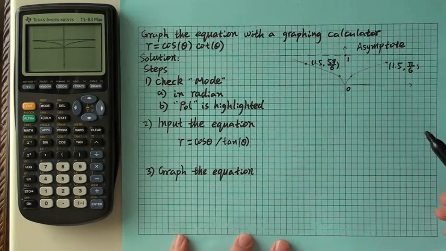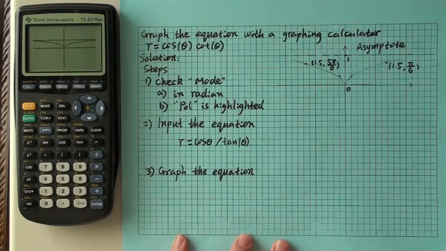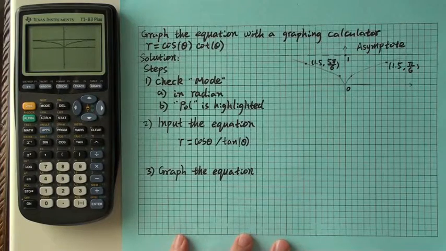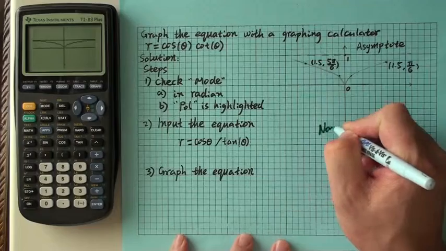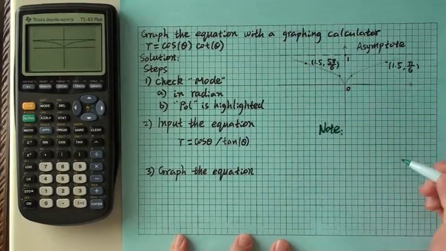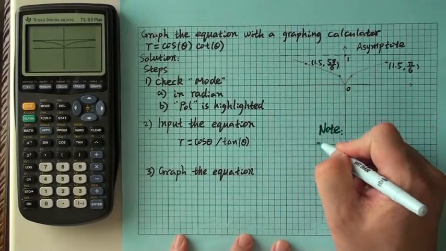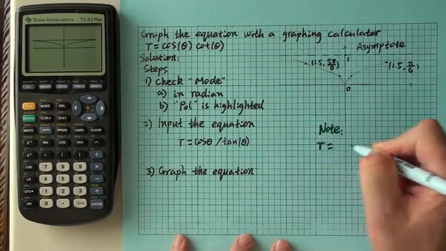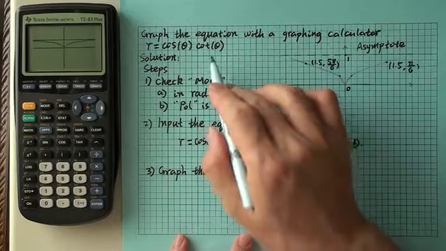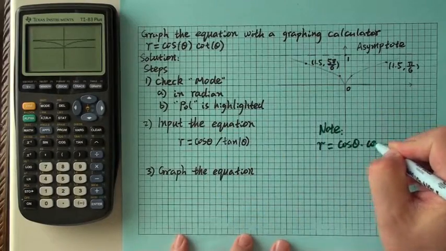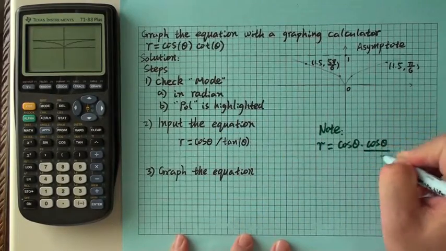How can you be sure? Let me show you how algebraically you can convince yourself. There are a few ways. Look, here is the note: r equals cosine theta times cotangent theta. Cotangent is cosine theta over sine theta.